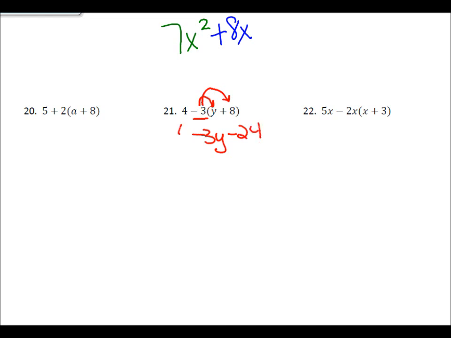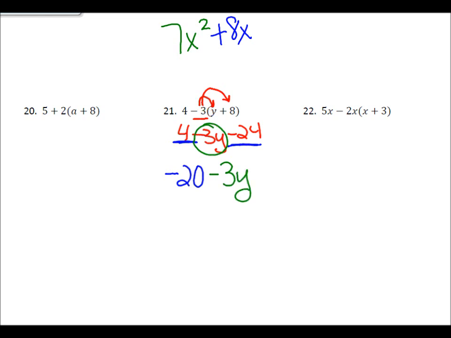And I'm going to bring down the 4. My like terms here are 4 and negative 24 because they're just numbers. So 4 minus 24 would be negative 20. My negative 3y here does not have any other like terms, so we're just going to leave it negative 3y.